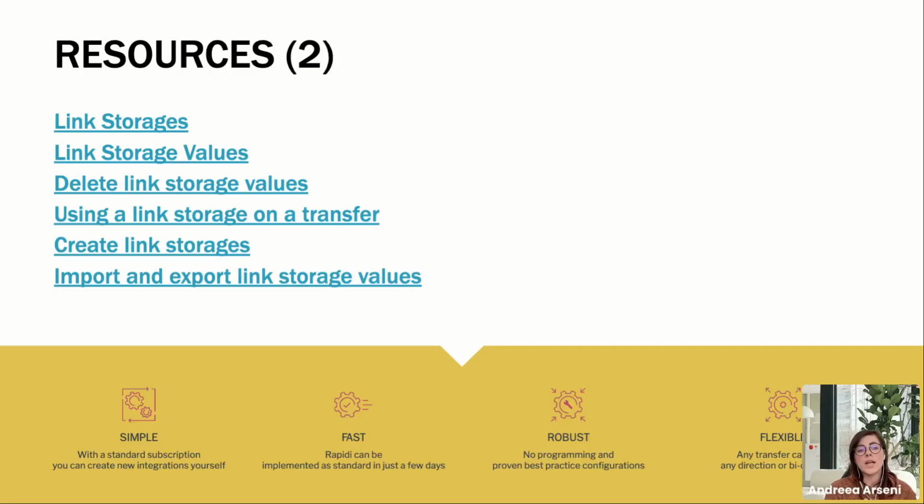So you can always export the link storage values and then import them into a different one if you want to. That's also something that happens and it's quite common. Or maybe you want to copy the values from a link storage that's on a service, and you want to put that into a different one. So you can always play around with that, but it's important to make sure that you export everything and then go to the other link storage and import them. You have all the instructions there in case you need to go through that.